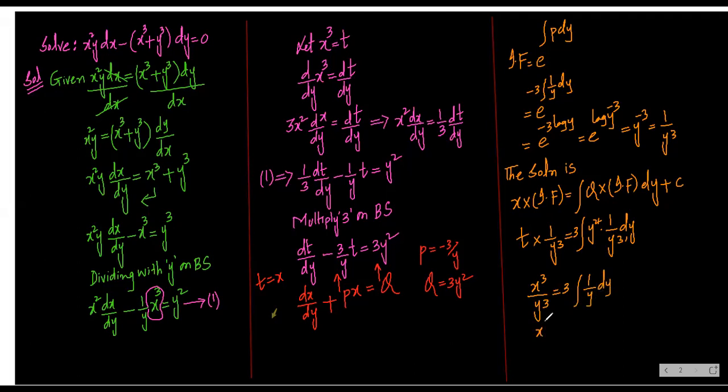X cube by y cube is equal to 3 into 1 by y integral is log y. And you have to add a necessary constant, that is plus c. This is the end of this problem. Hope you understand.